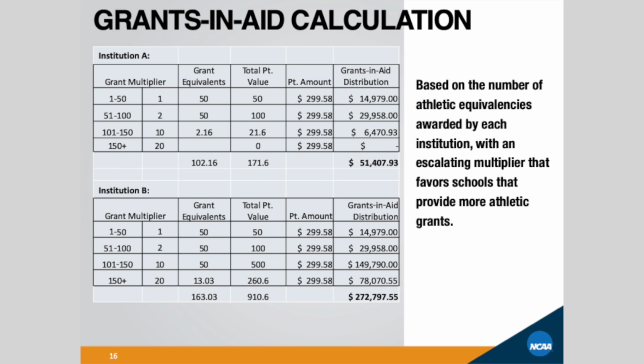Add all the tiers together for a total distribution for Institution B of $272,797.55. Again, the more equivalencies an institution provides, the more grants and aid dollars it will receive.